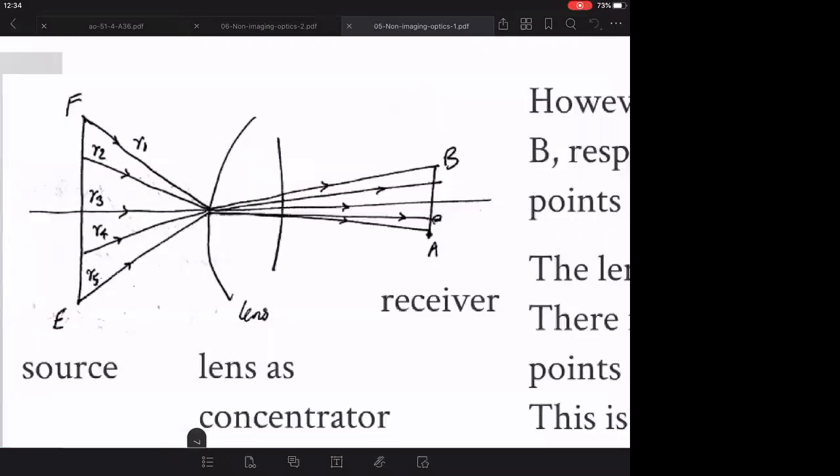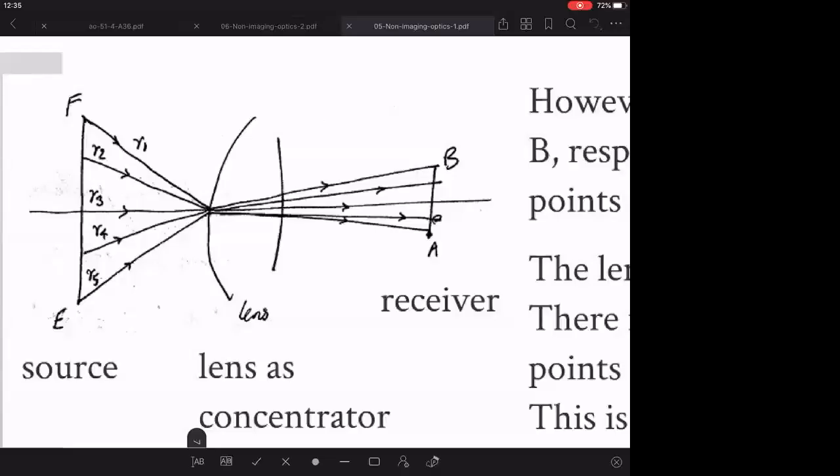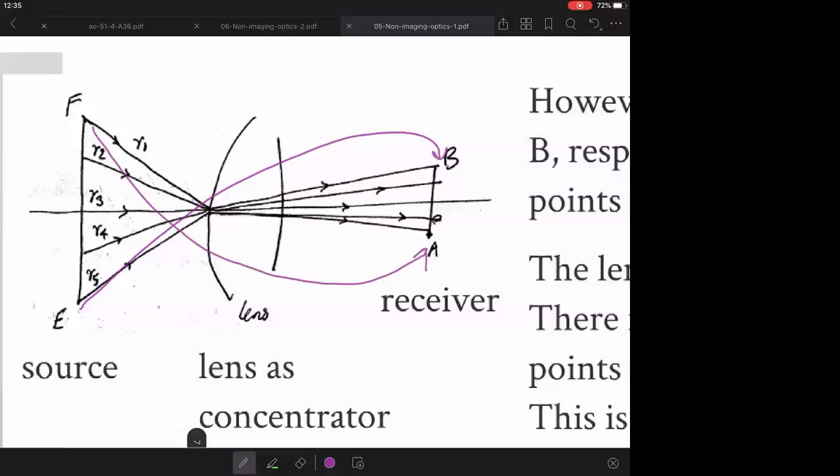Here you can see the system that we call a lens is designed such that all the rays of light from a point E get focused to a point B, and all the rays of light from a point F get focused to a point A. So all the rays from E get focused to B, and all the rays from F get focused to A. Okay, so that's the imaging part of it.